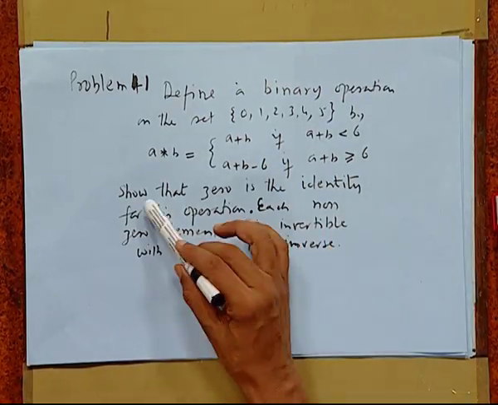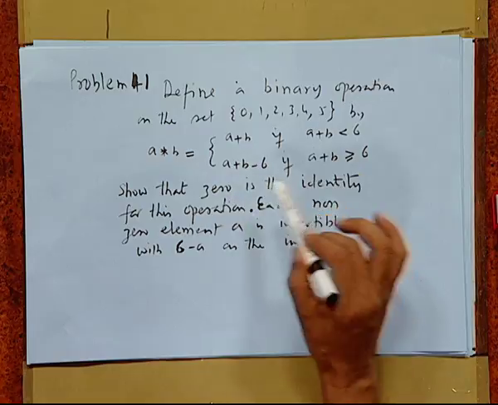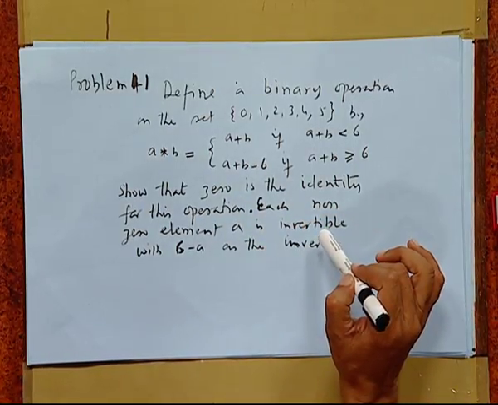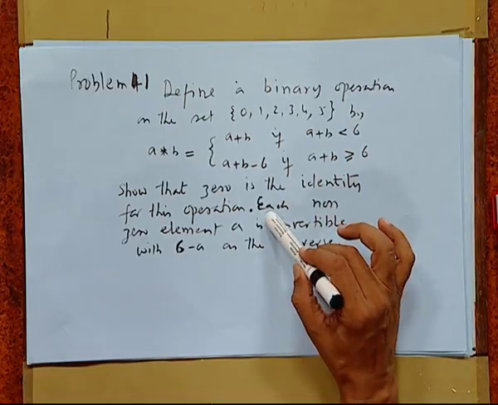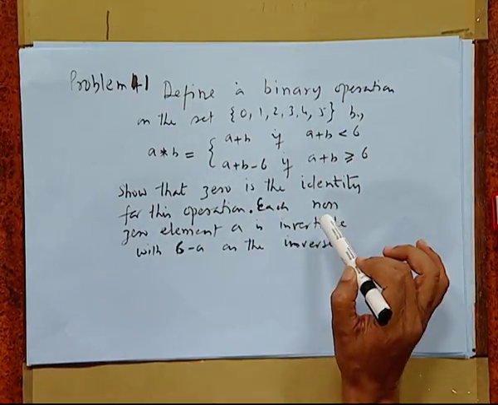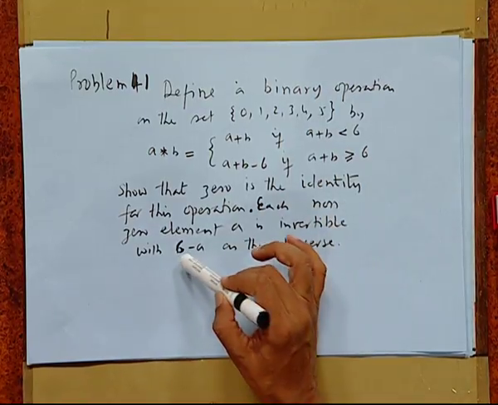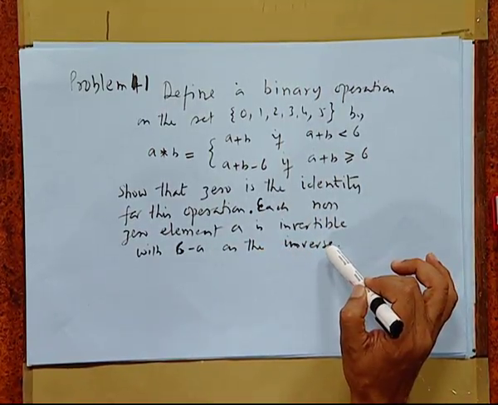Now, we have to show that 0 is the identity for this operation, and every non-zero element is invertible with 6 minus a as the inverse. Let us see how to proceed solving this problem.